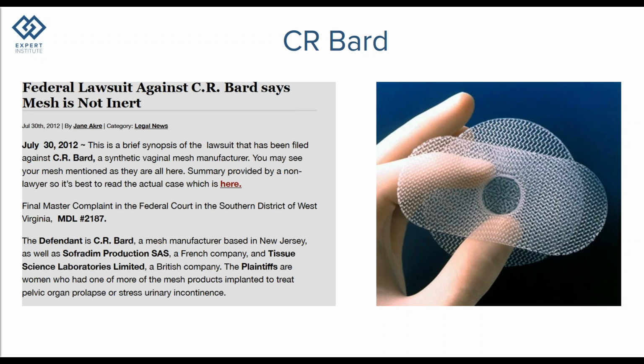It turns out that just this one manufacturer has around 20 brand names. And some of them are older versions of the same thing. Some of them are maybe shaped or cut a little bit differently. So it's not enough if you're just looking at CR Bard. You really need to see what is the exact product that you're interested in finding out information on. Could you go to the next slide, please?